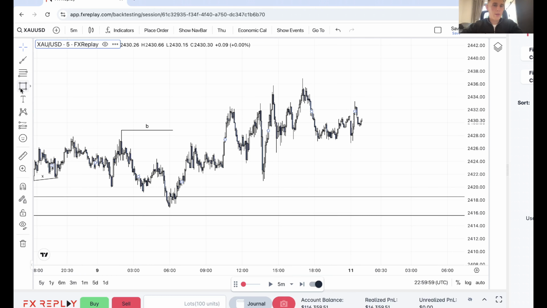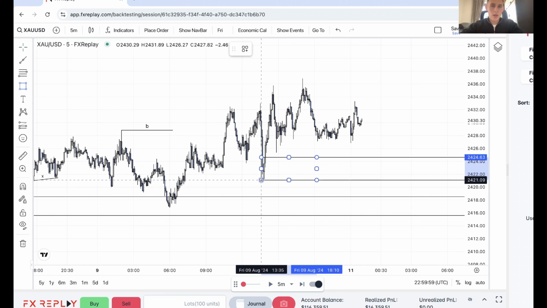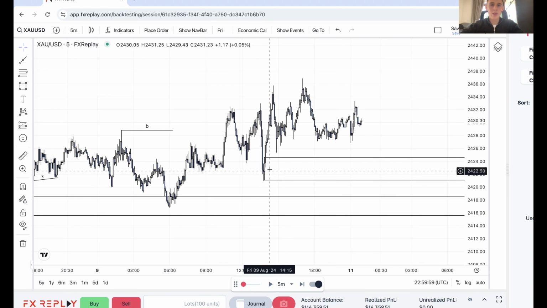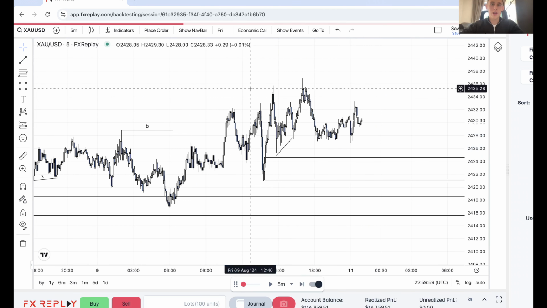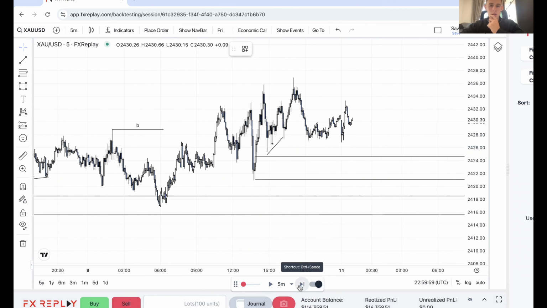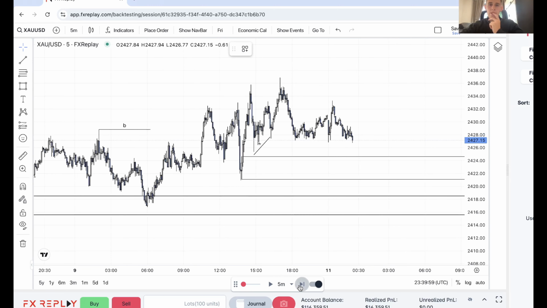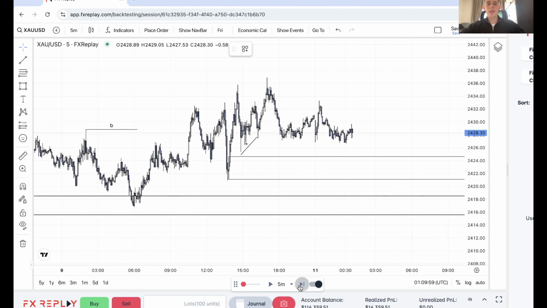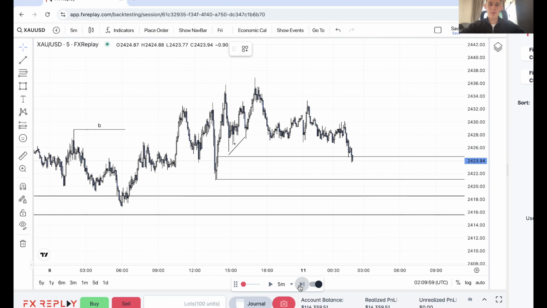So we sort of have this area of demand. The reason I like this one, notice how it swept this low to the left, then rallied, broke structure, and we also have lots of lows resting above it. This would be a lower probability trade, by the way, because it is a 5-minute point of interest.